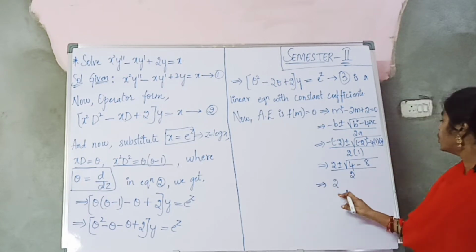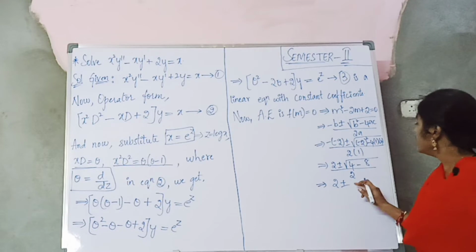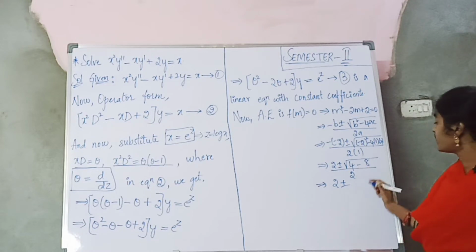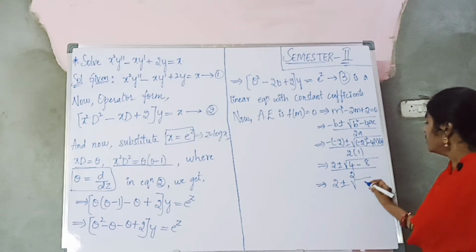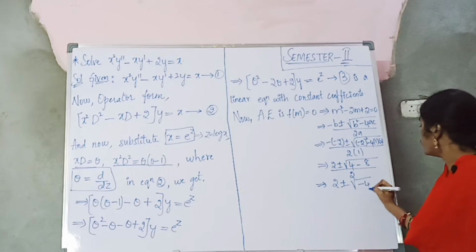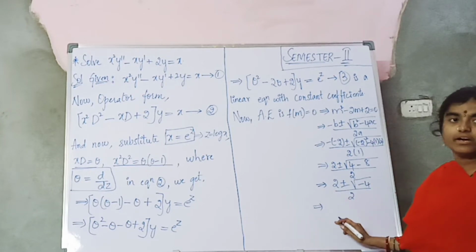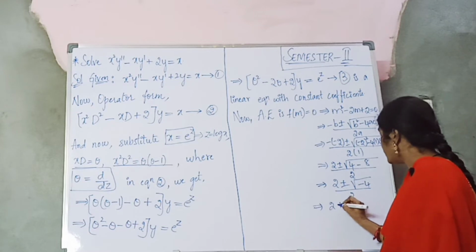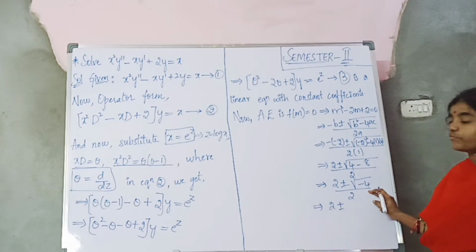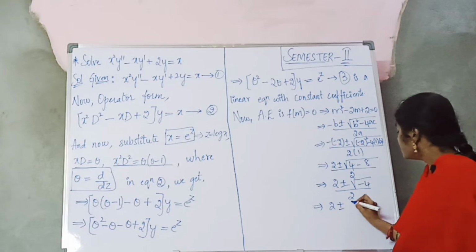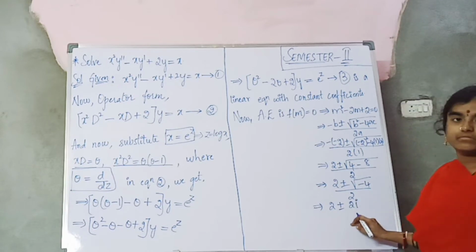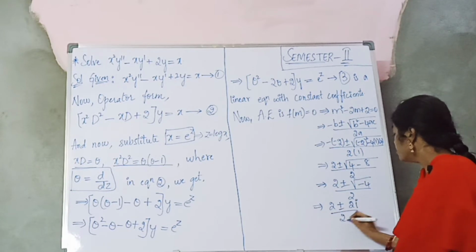That implies here 2 plus or minus under root of 4 minus 8, under root of minus 4 by 2. So that implies here 2 plus or minus under root of minus 4 can be written as 2i by 2.